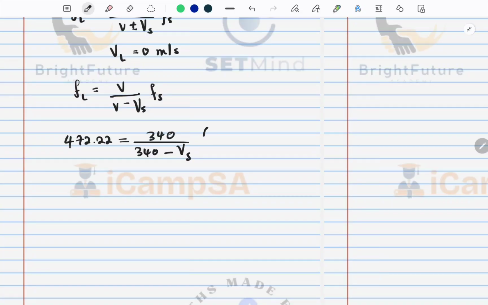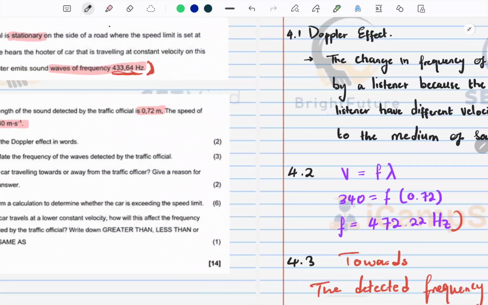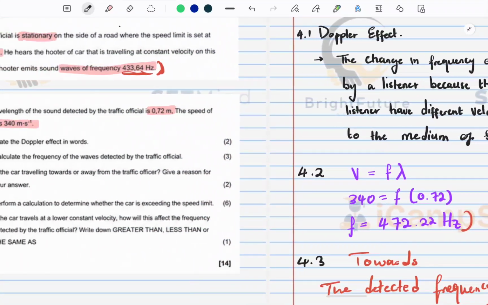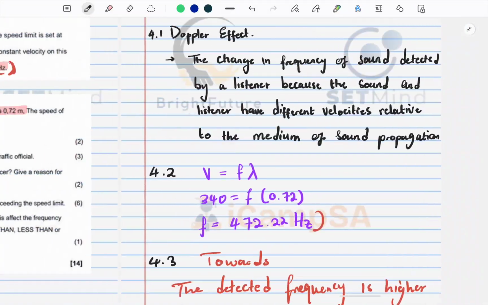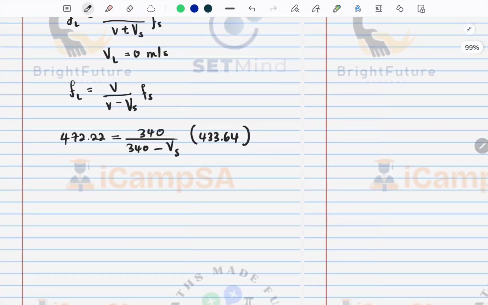We are looking for that. And then F_s is 433.64. This is what we have here. Okay, and then we can play around with this, and then we get our velocity.